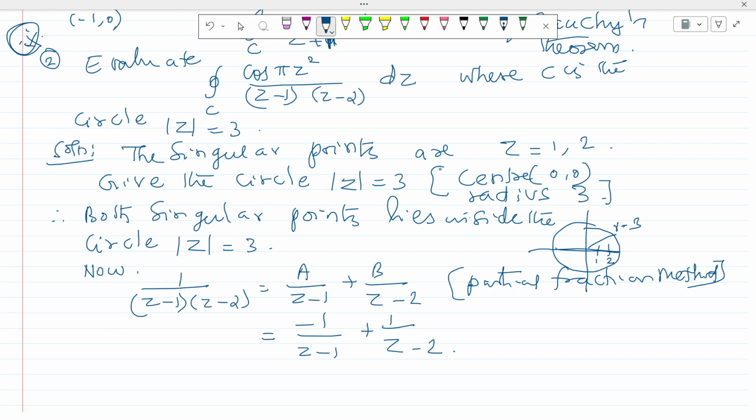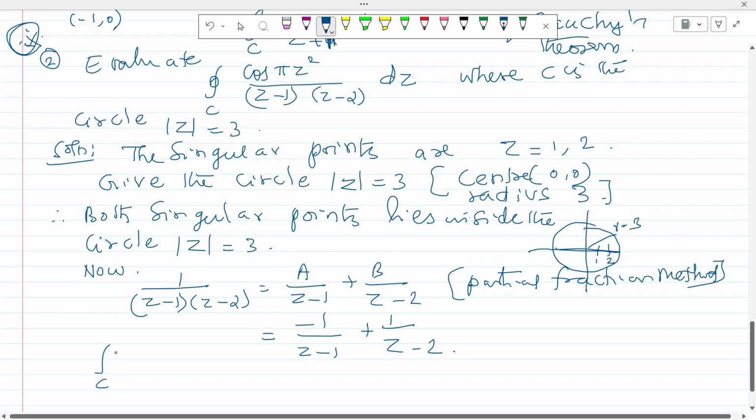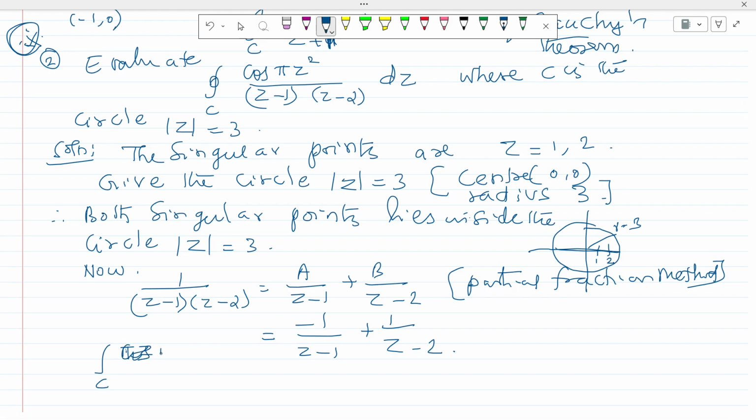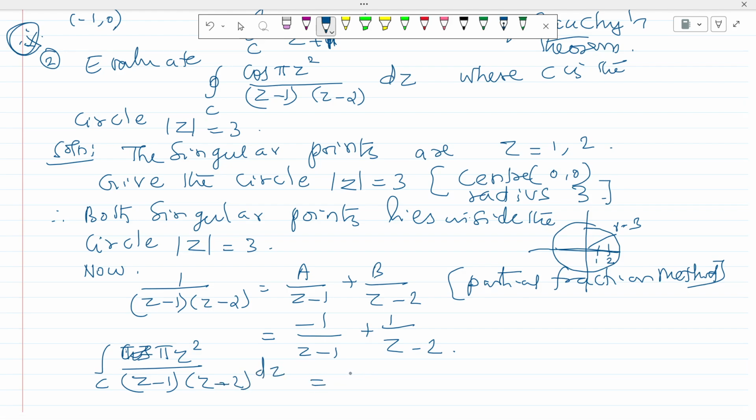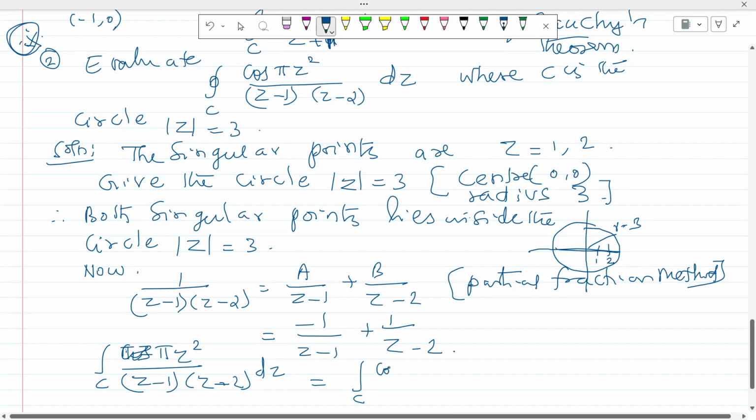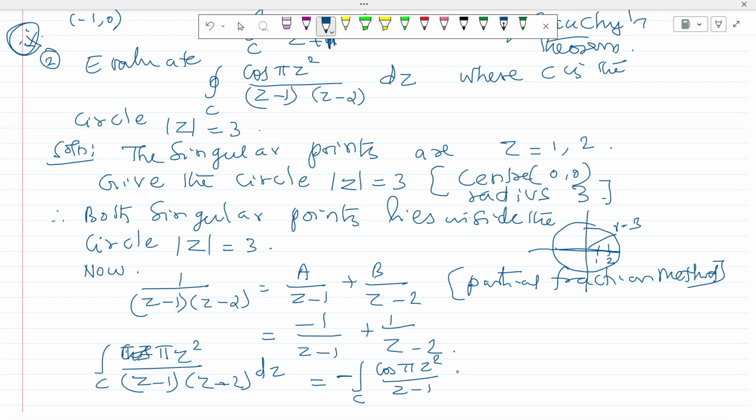So you can substitute this value in the integration. The integral over C of cos(pi z square) divided by (z minus 1)(z minus 2) dz can be written as minus the integral over C of cos(pi z square) divided by z minus 1 dz, plus the integral over C of cos(pi z square) divided by z minus 2 dz.